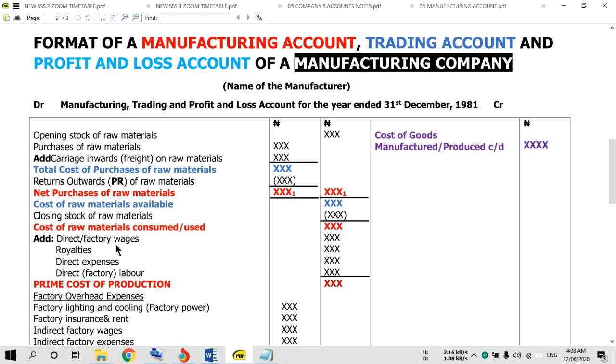Then you look for the direct wages or factory wages, royalties, direct expenses, direct or factory labor. All these will be added together. Now, don't be confused. Anytime you see the word direct wages, it is going to come under this section.